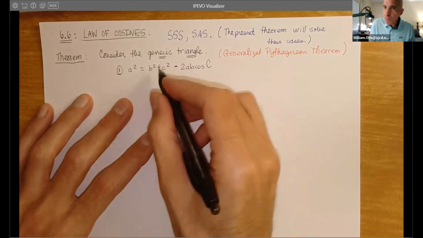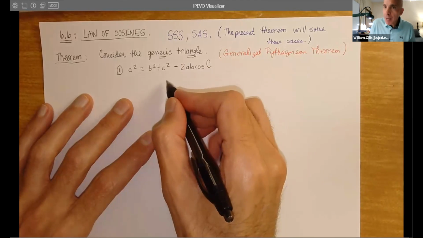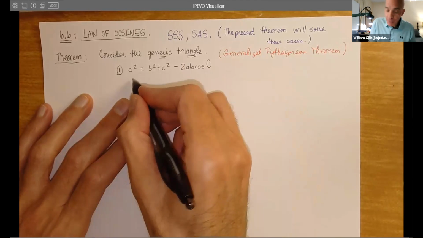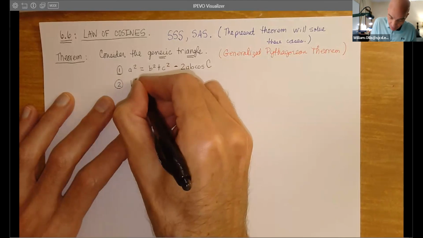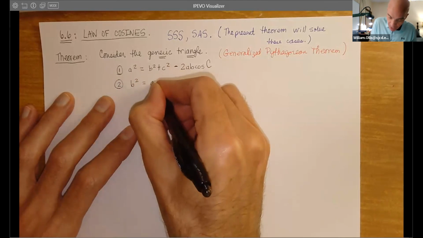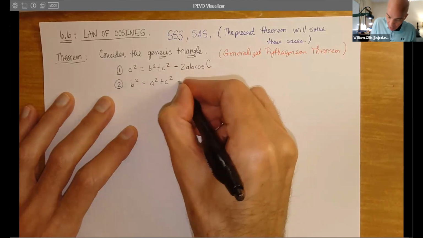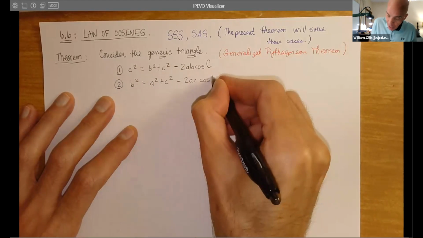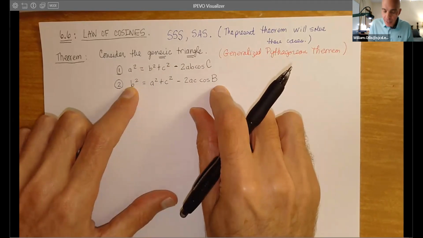Okay, so there's nothing special about A, B, and C in this configuration. Maybe we focus on angle B and its opposite side. So let's write that down. These are all symmetric. b squared equals a squared plus c squared minus 2ac cosine B. So we just permute things. So this is a really easy way to remember this.